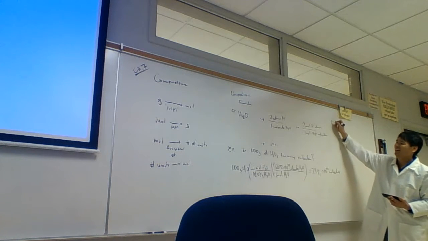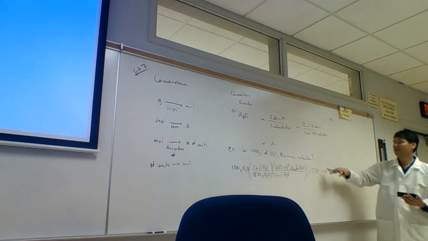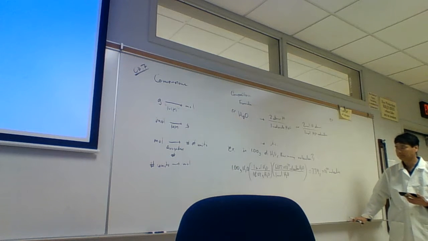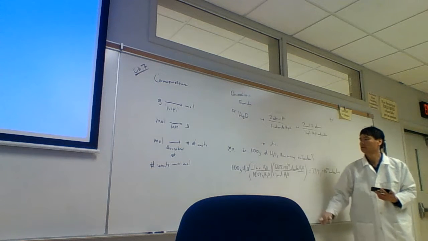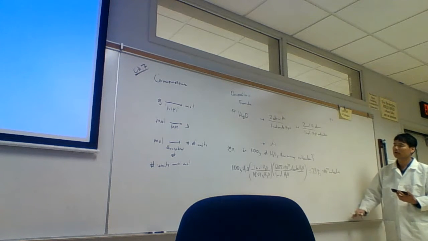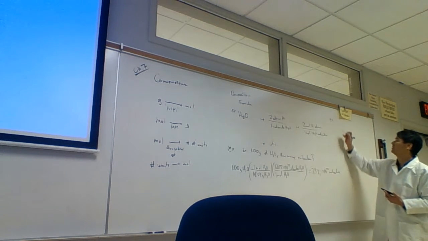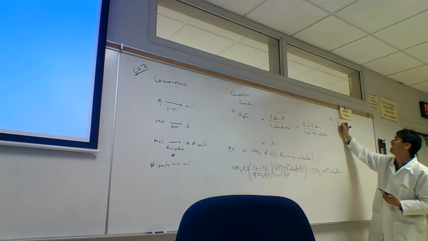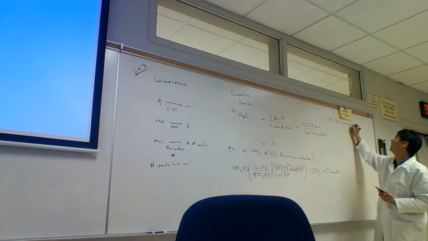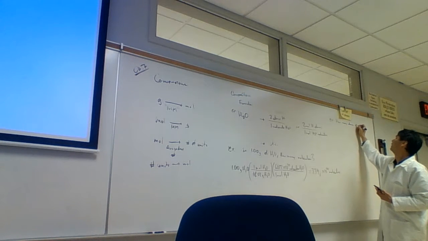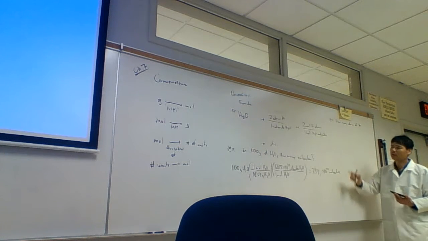All right, so we can figure out how many molecules there are here. We can figure out how many moles there are. We could also figure out how many atoms there are. To figure out how many atoms there are, let's say how many atoms of hydrogen are present in that.